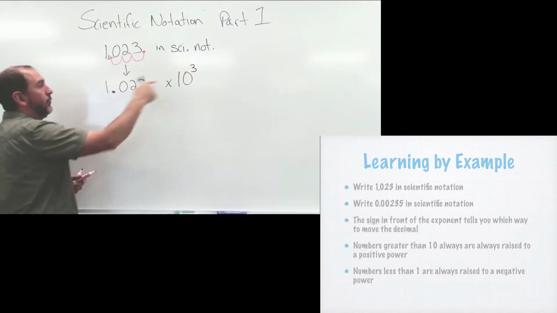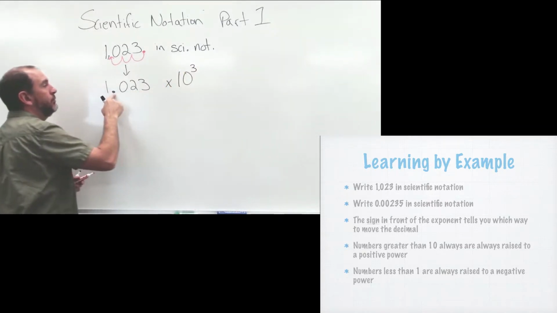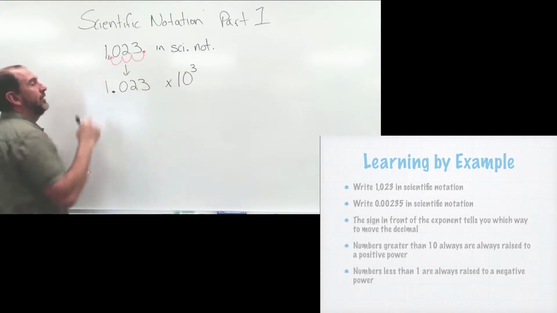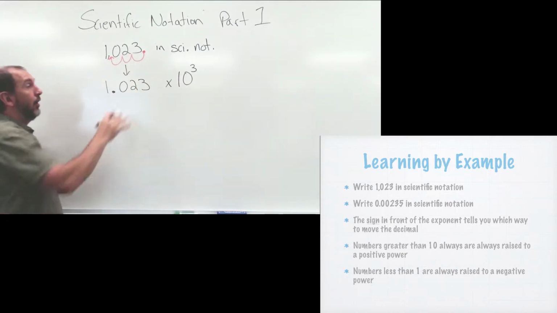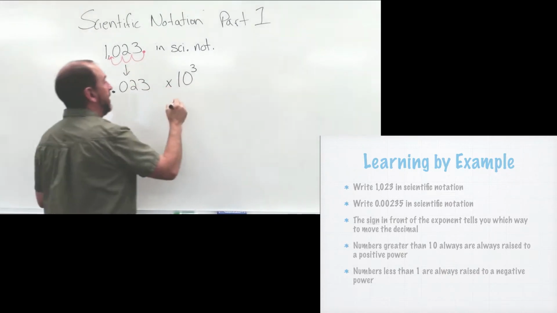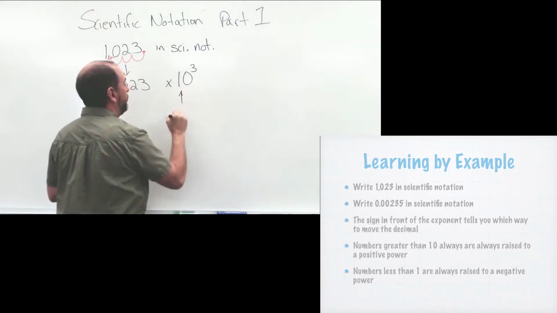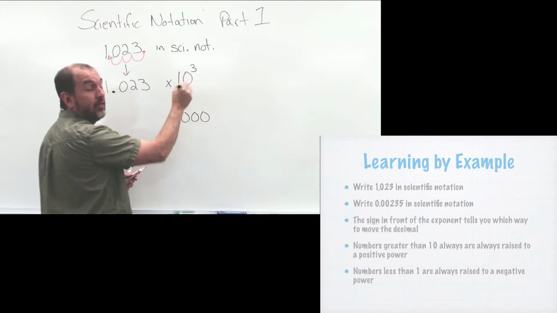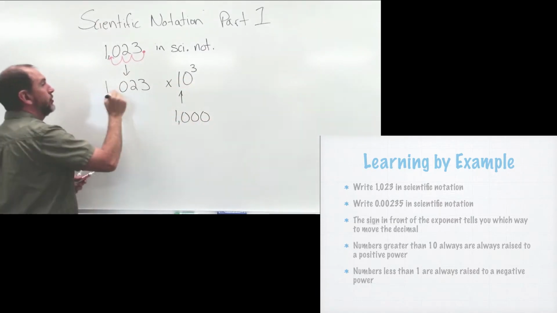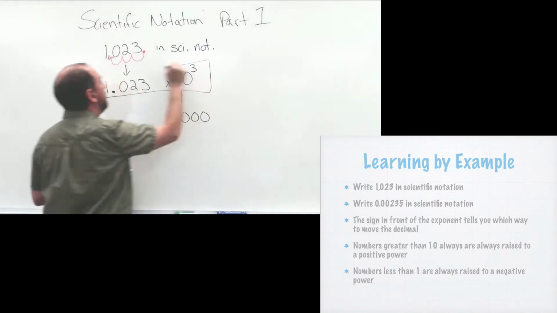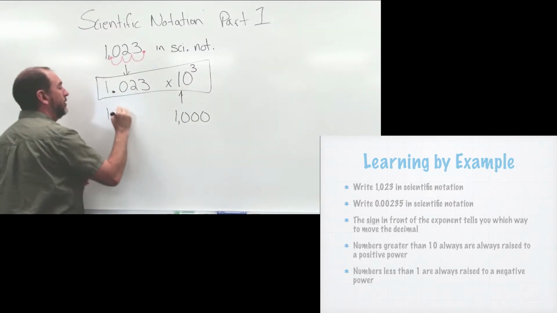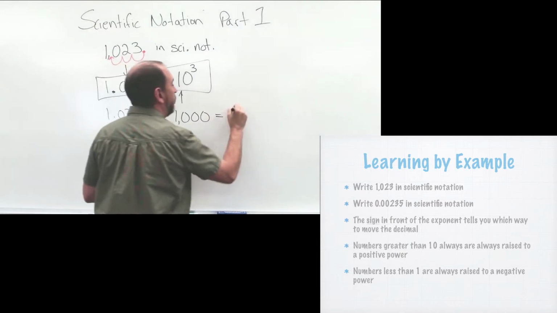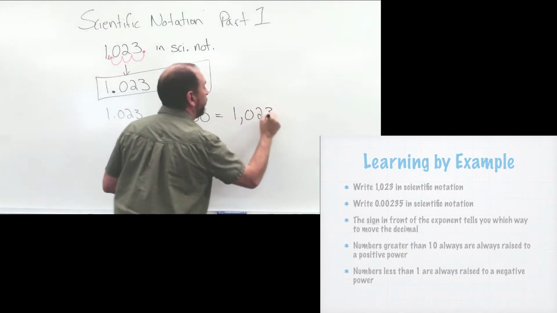Okay? When we have a positive power here, that means we move the decimal to the right 3 places, and that would give us 1023. What this means mathematically, 10 cubed is equal to 1000. That's 10 cubed. 10 times 10 times 10 is 1000. So what this number right here is telling us is it's 1.023 times 1000, which would equal 1023.